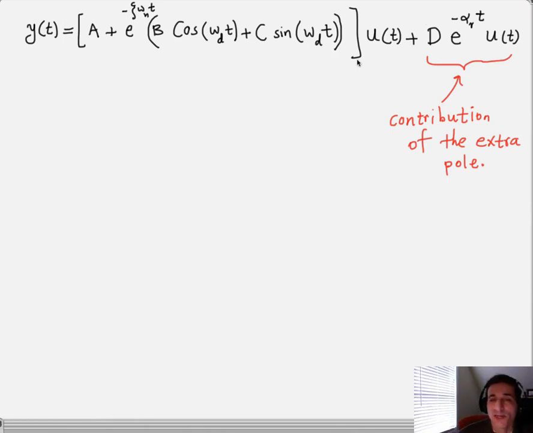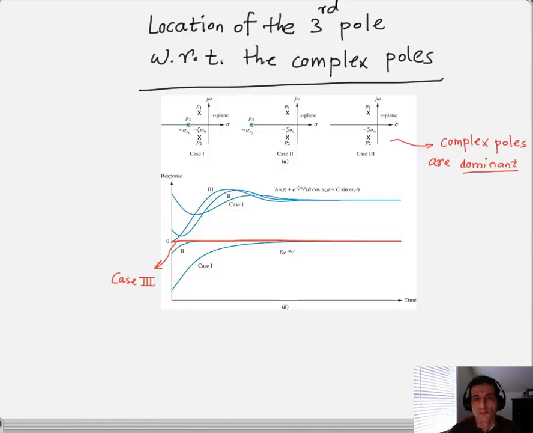If that approximation holds true, then we can ignore this part and approximate the response by this part, which only represents the response of a second order system. This is an illustrative example showing how the response is going to change in terms of the location of that extra pole compared to the location of the complex conjugate poles.